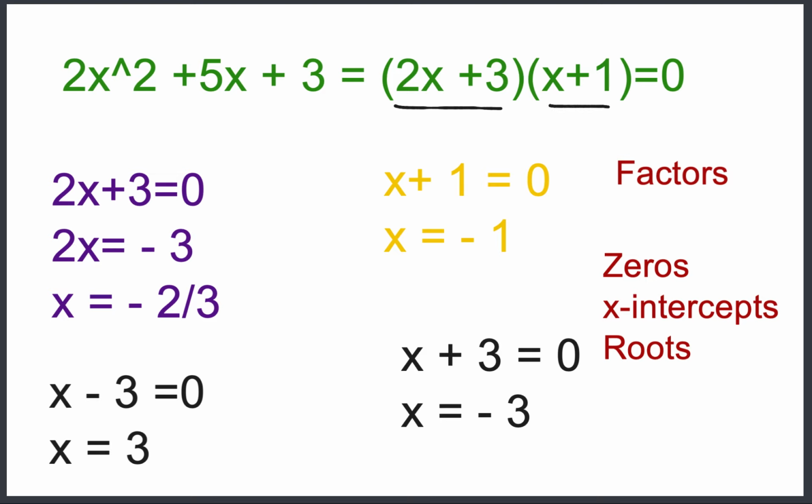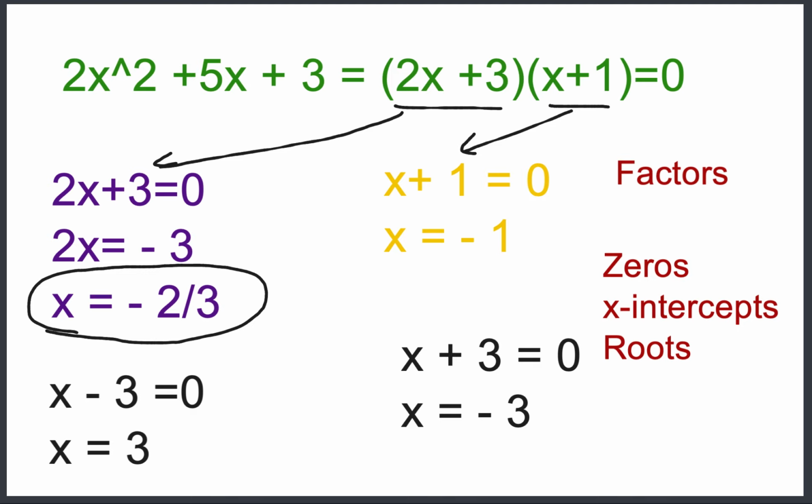Now that's kind of nice. I'm going to take each of those factors and set them equal to 0 and solve them. And when I do, I find that x equals negative 2/3 is an x-intercept.